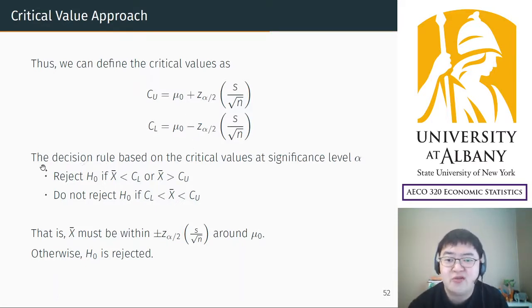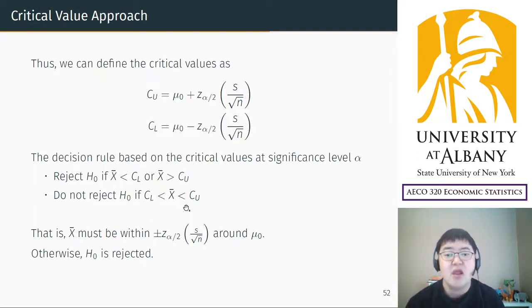Then finally, the decision rule based on the critical value at the significance level alpha is given by this. Reject H null if x bar is too small or too large. And don't reject if x bar lies between two critical values.